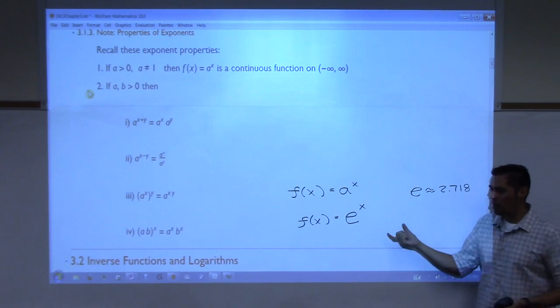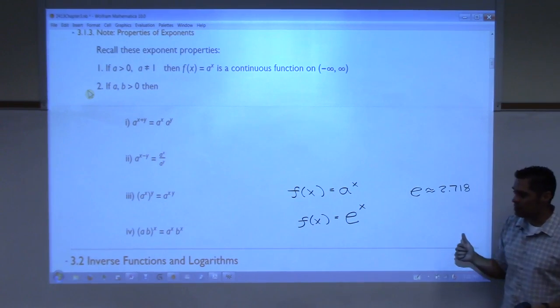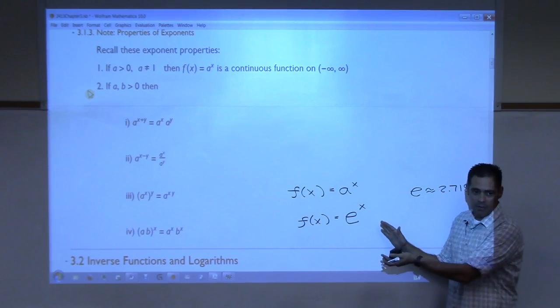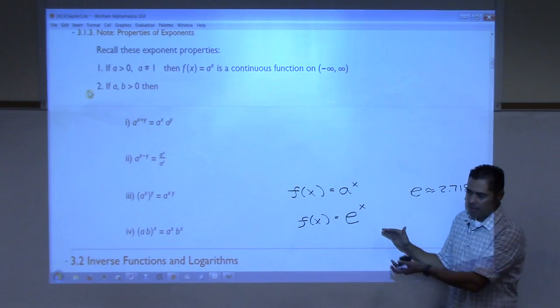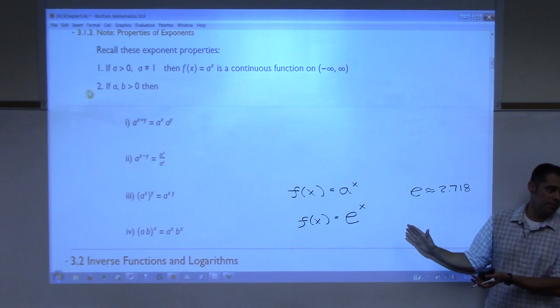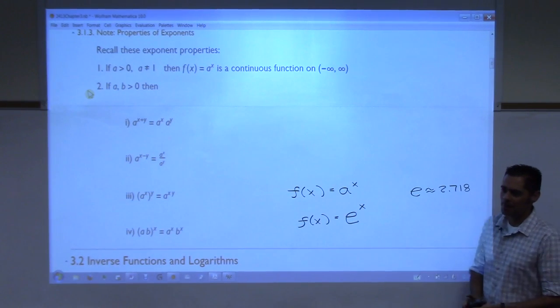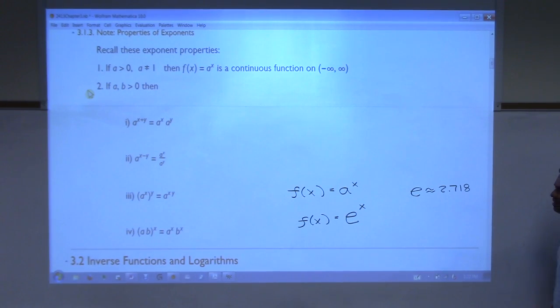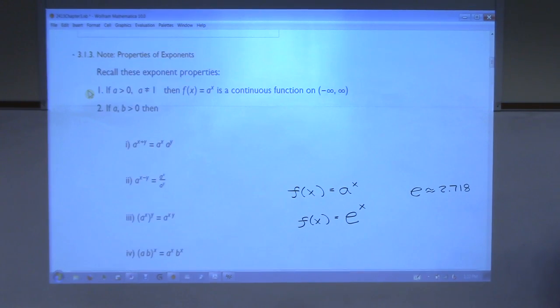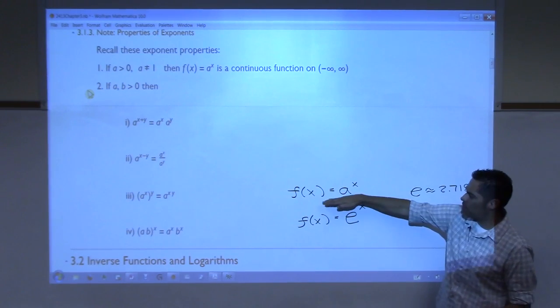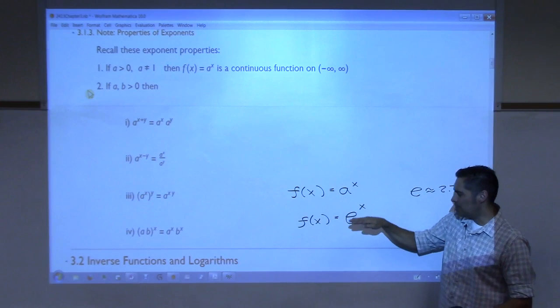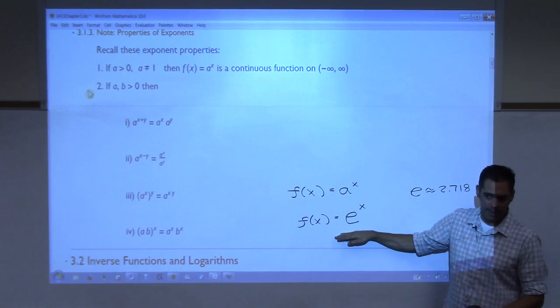And in college algebra, they probably told you, I know I told my students, that this is a very, very special function, extremely special. And I'm actually going to talk about why it's so special today. And then you went on a tangent. And then I went off on something? Yeah. I'm sure I did. All right, so there is a general exponential function. This is a specific, very special one. Got it?